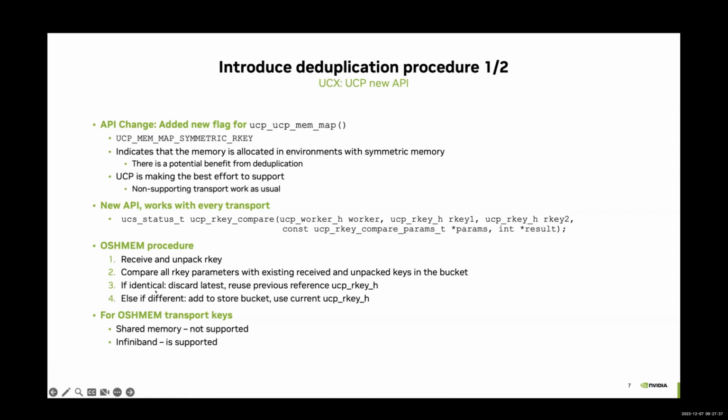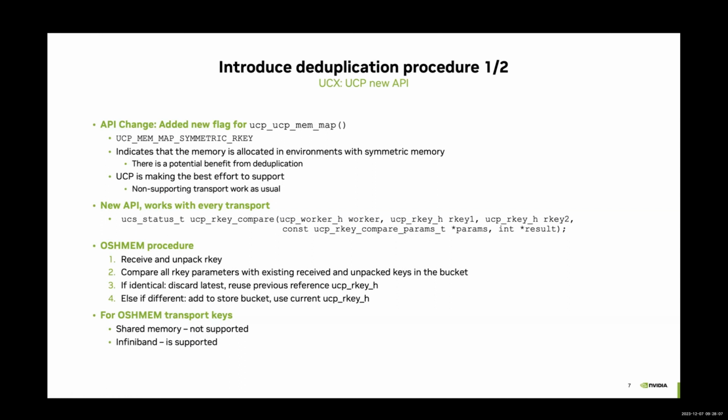We discard the latest key if they are identical; we don't really use it. We start referencing the UCP rkey that's already in that table. And if the rkey is completely unique, we just store it as a new element. Hopefully, it will be referenced later.